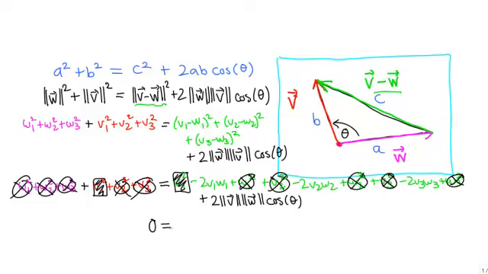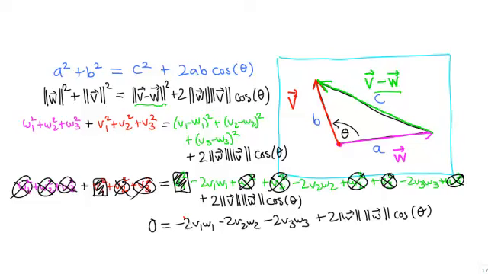And on the right-hand side, we have negative 2v1w1 minus 2v2w2 minus 2v3w3 plus 2 times the length of v times the length of w times the cosine of the angle between the vectors v and w.